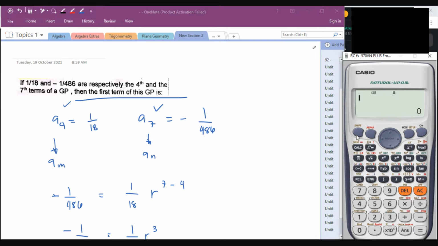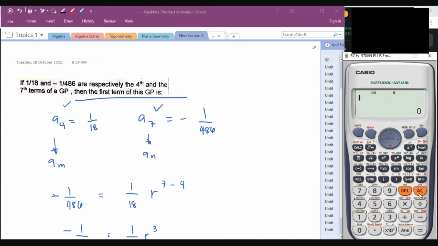AC. Shift 154. Tama. Hinanap ko yung sa X, di ba? Ganun. Shift 155 Y bar. So 1, the value of Y.